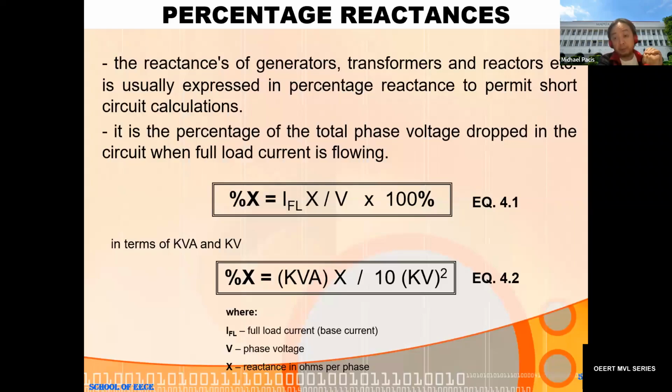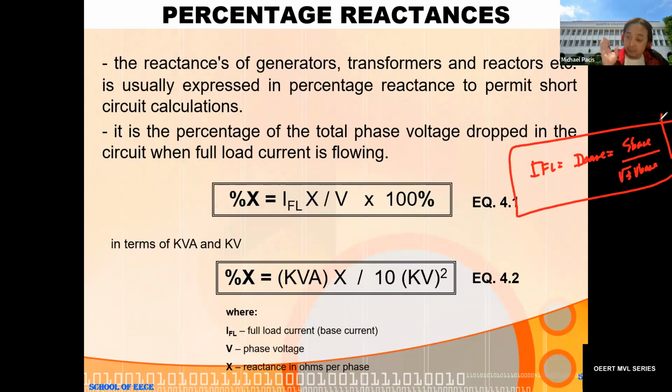Now we have some formulas here. We can use the formula at equations 4.1 and 4.2 respectively. The only difference between the percentage reactance formulas here, if you use this formula, the I full load, by the way, before anything else, is your base current. The base current can be represented by this formula.